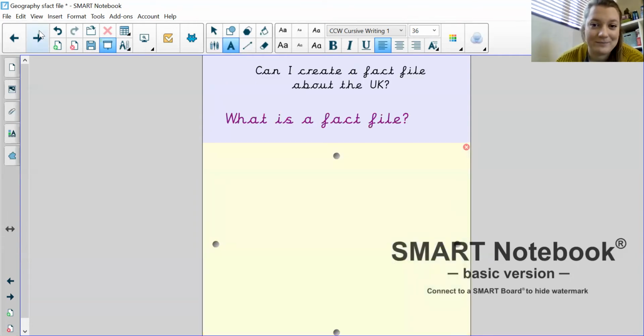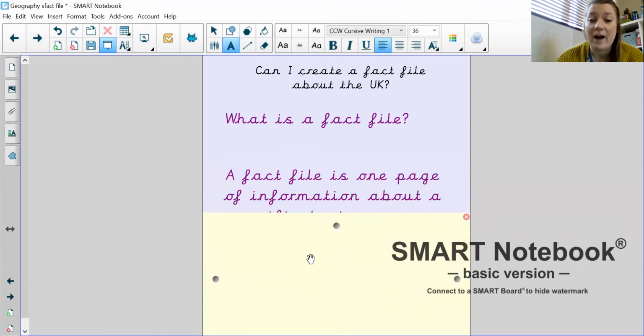Right. The learning objective for today is, can I create a fact file about the UK? Fantastic. Now, before we move on, we need to know, what is a fact file? Let's find out.